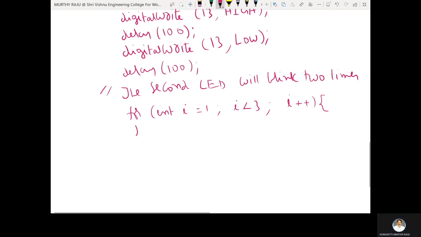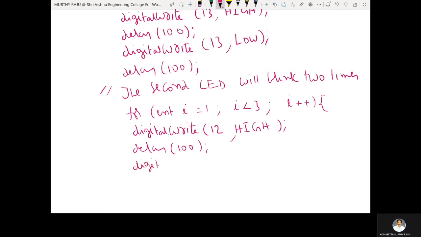Digital write. That means the 13th pin completed, 12th pin. 12th pin high, delay 100 milliseconds. Digital write, twelfth pin low.